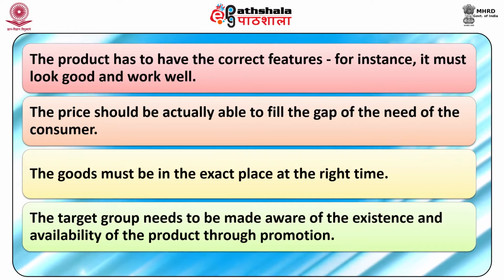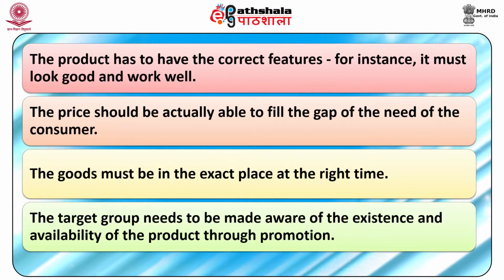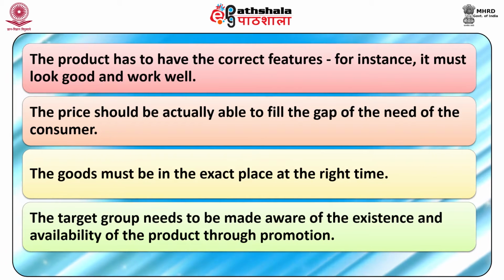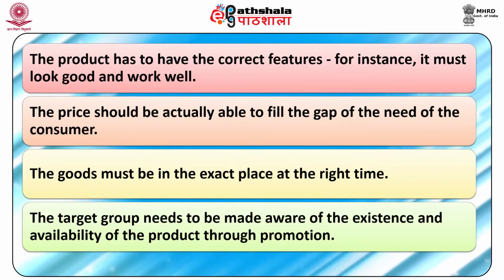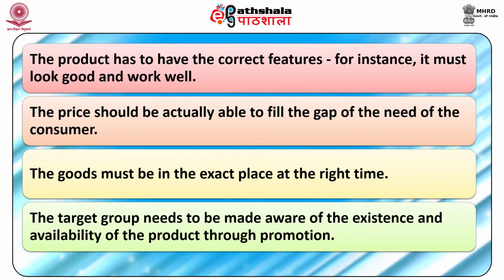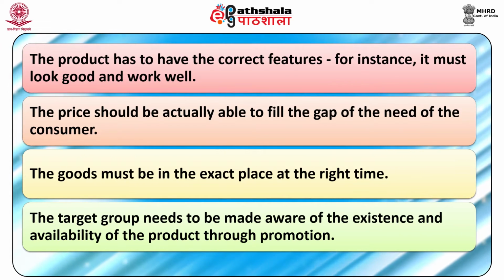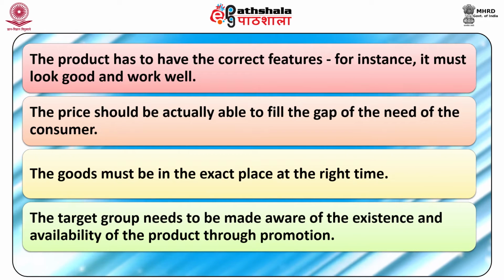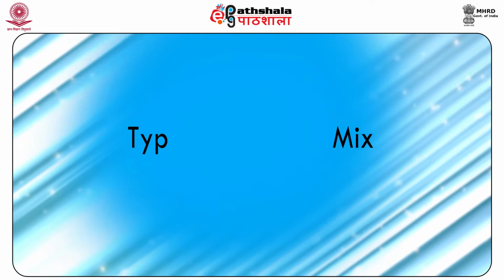For example, it must look good and it must work well. 2, the price should be actually able to fill the gap of the need of the consumer. 3, the goods must be in exact place at the right time. 4, and lastly, the target group needs to be made aware of the existence and availability of the product through promotion process.